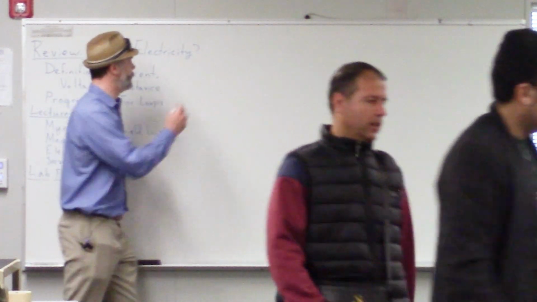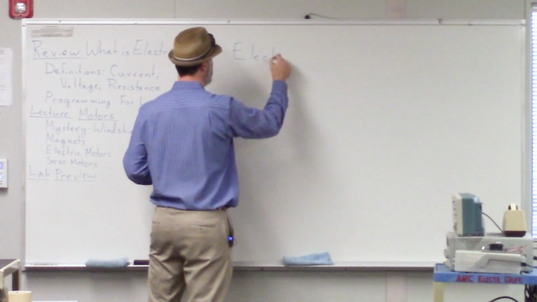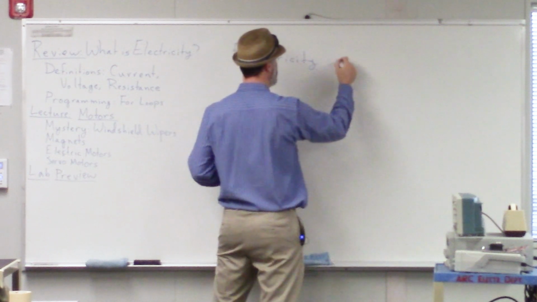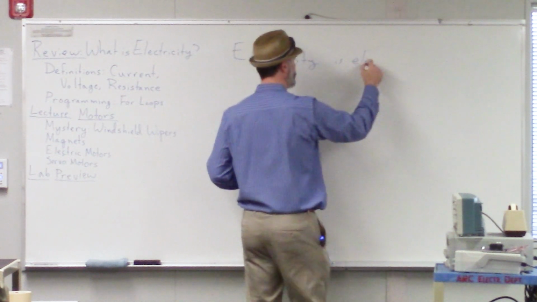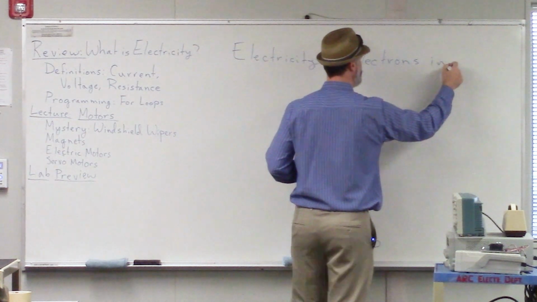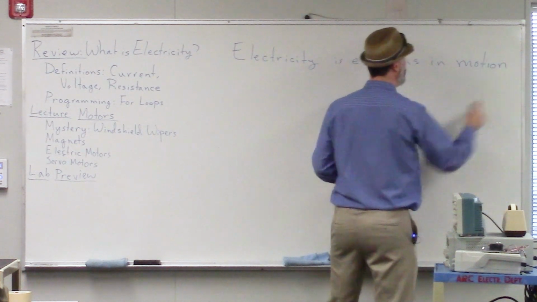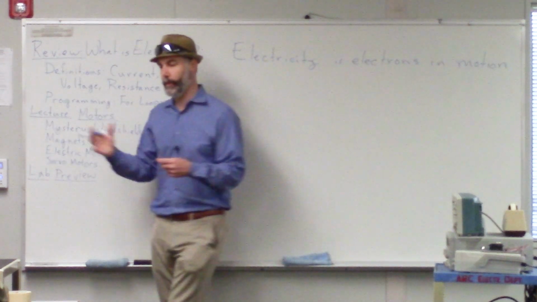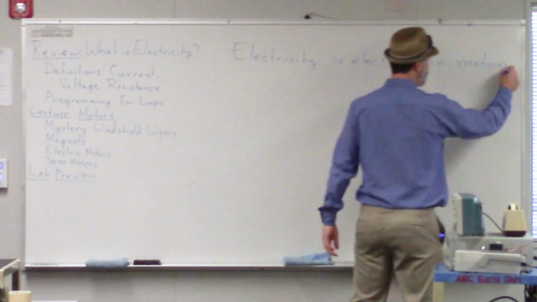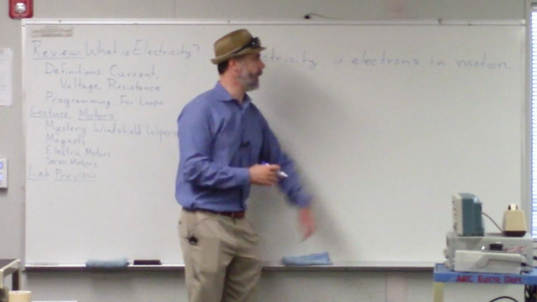So electricity is electrons in motion. And when they're flowing, we call that current. To really understand what this means, we have to understand what an electron is.